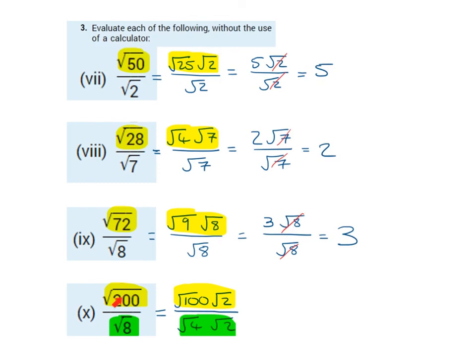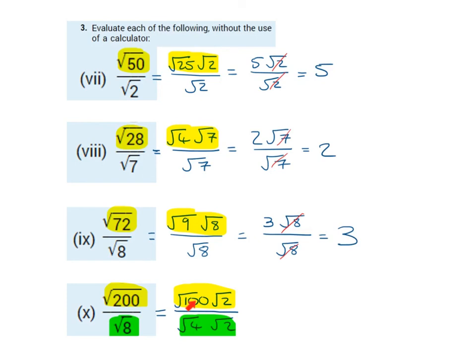But if we only factorise the top here, root 200, to give us root 100 root 2, then we can't cancel the root 2 with the root 8. So we're going to have to factorise root 8 as well. So root 8 we factorise as root 4 root 2. So we have a square number, which is 4.